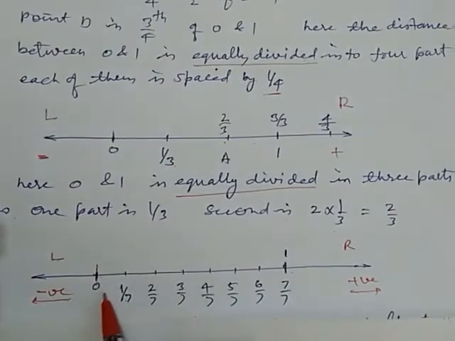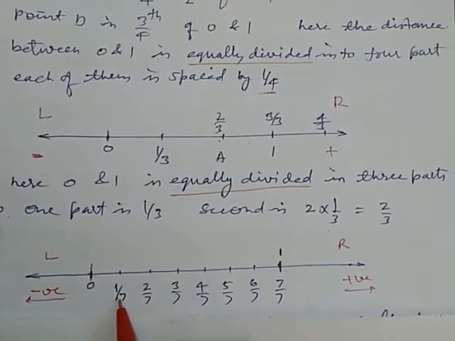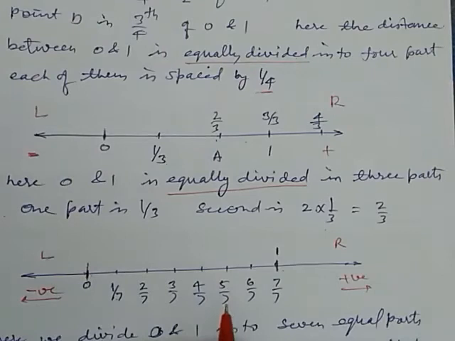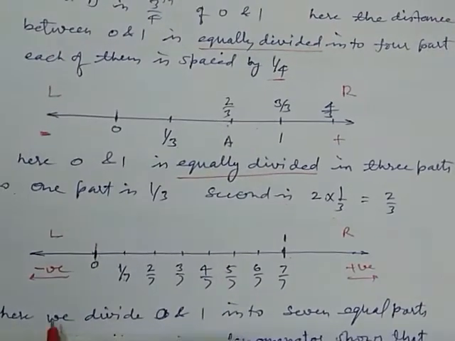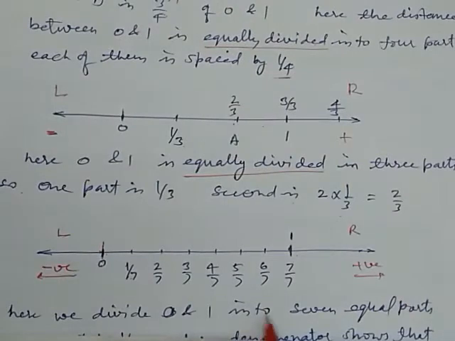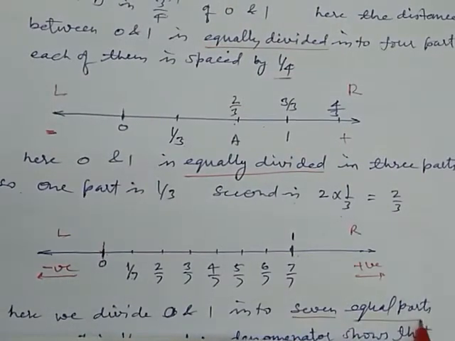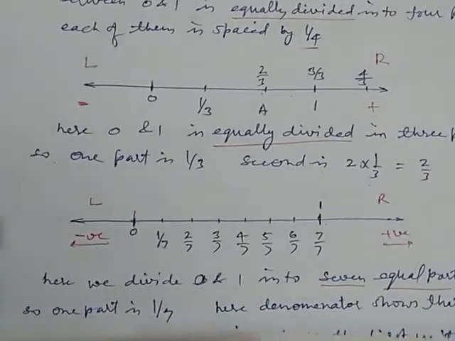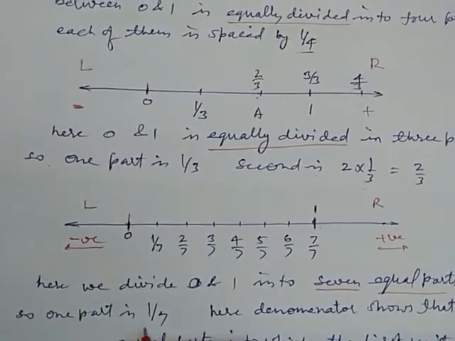Now we have to consider the parts we require according to the numerator. Here again I repeat, we divide 0 and 1 into 7 equal parts. So one part is 1 by 7th.